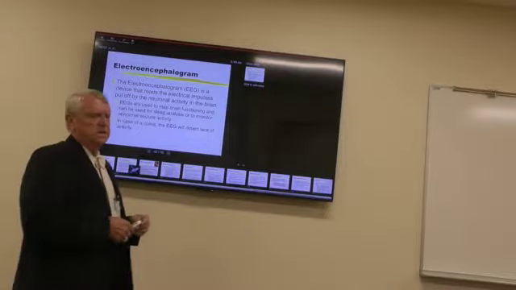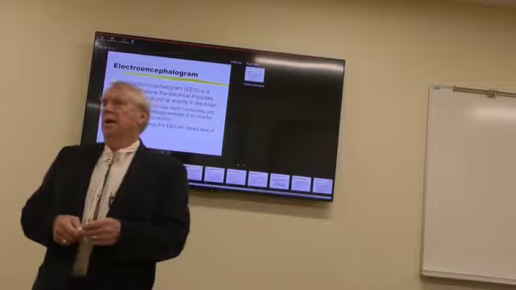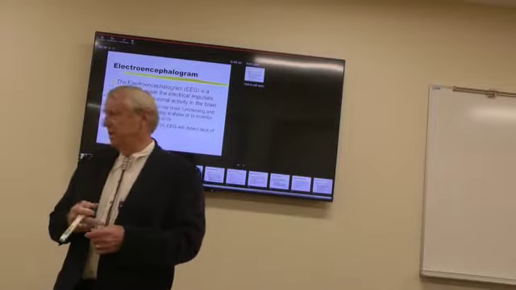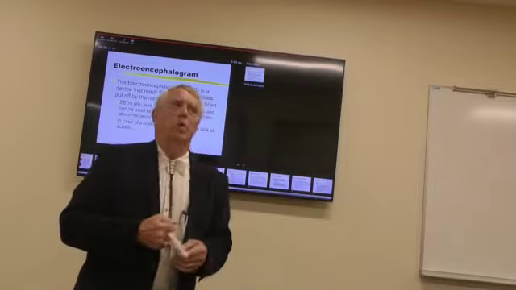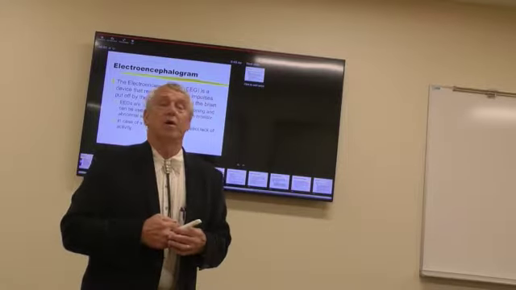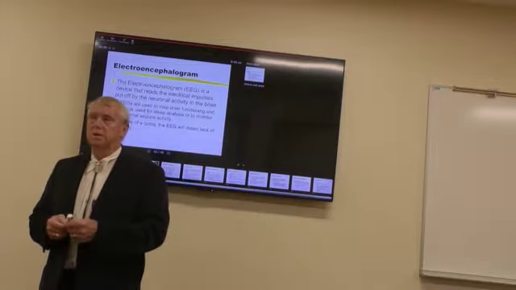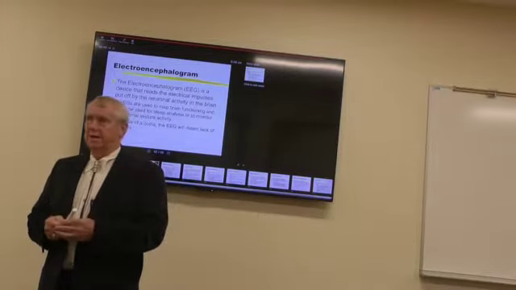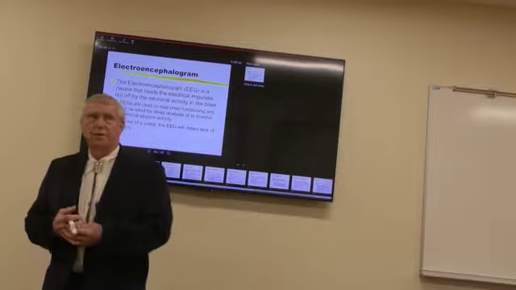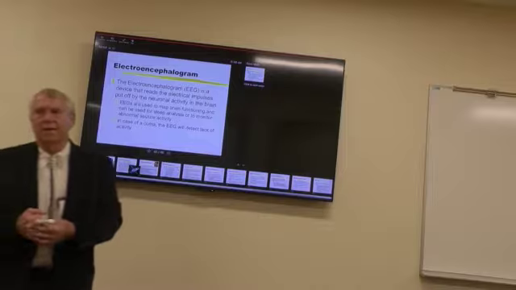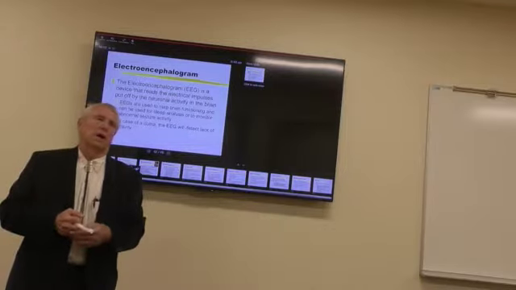When we're trying to determine if somebody's alive or dead, we will attach a heart monitor, and it will tell us when we're getting an electrical impulse from the heart. We will attach an electrical monitor to the brain, an EEG, and that will tell us how much electrical activity is coming off the brain.